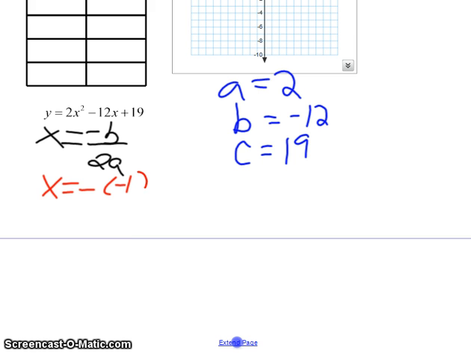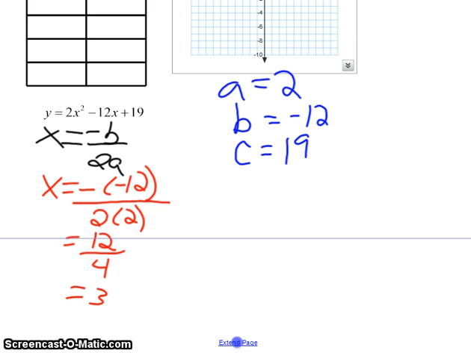Negative 12 over 2 times 2. The negative 12 becomes positive 12. 2 times 2 is 4. 3. Good. So the x-coordinate of the vertex is 3.